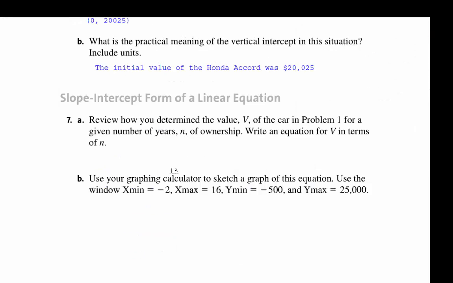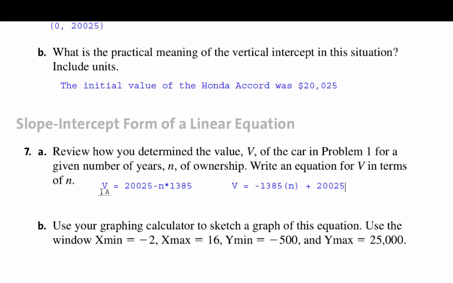So when I look at question 7, I think the value is going to be equal to 20,025 minus the number of years of depreciation. And I just cleaned it up a little bit here to the right to place the equation in a form that looks more recognizable to you.